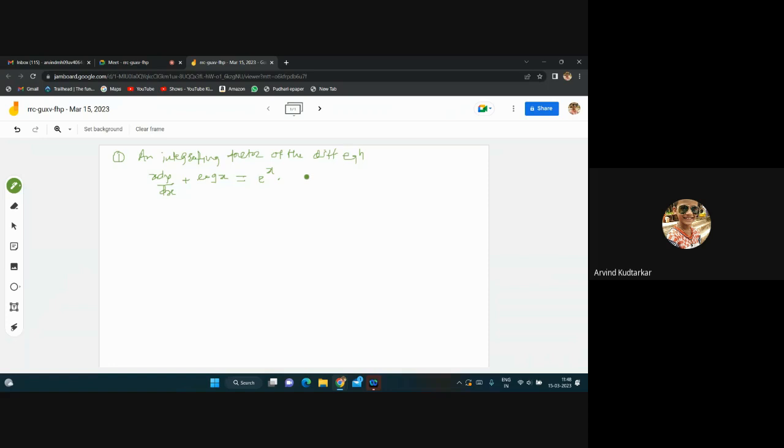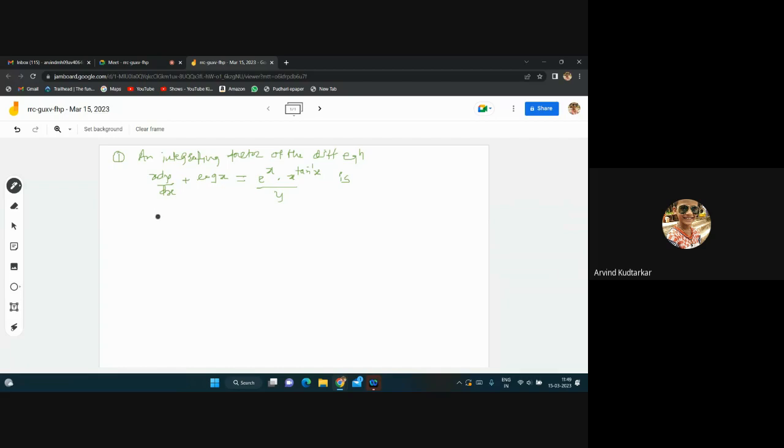So it means that to find the integrating factor of the differential equation, the differential equation is given in non-linear form. You have to convert it to linear. And how do you convert it to linear? Yes, by interchanging the terms, shifting the terms from LHS to RHS or RHS to LHS.